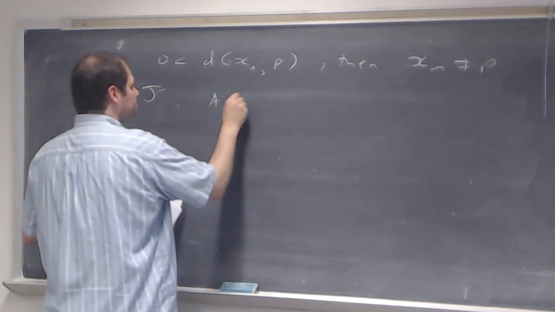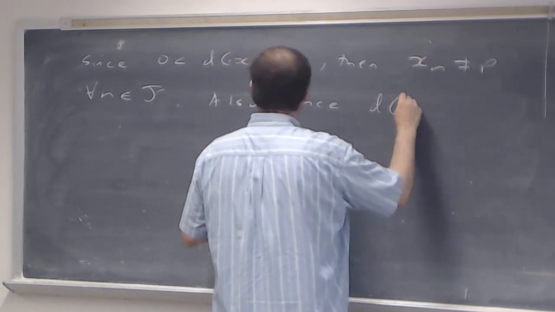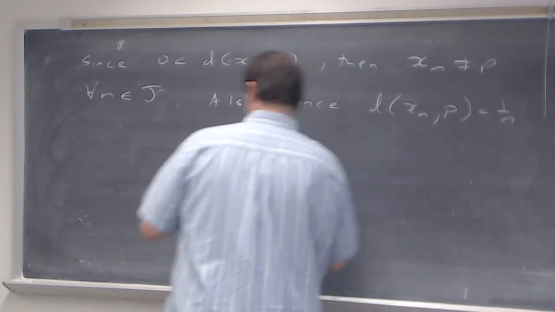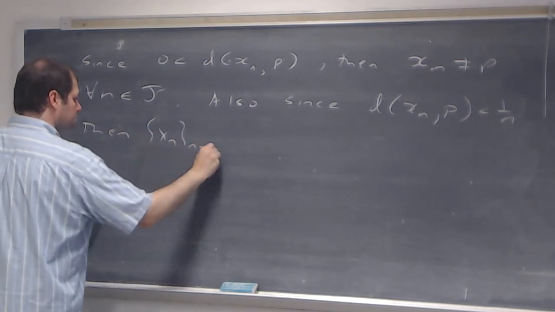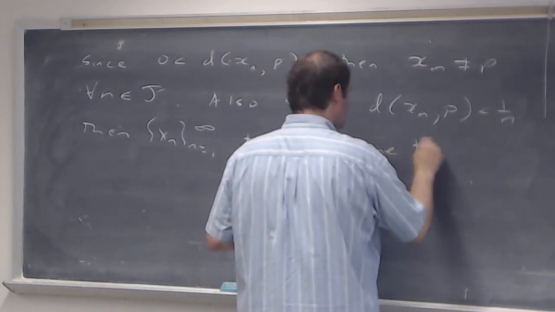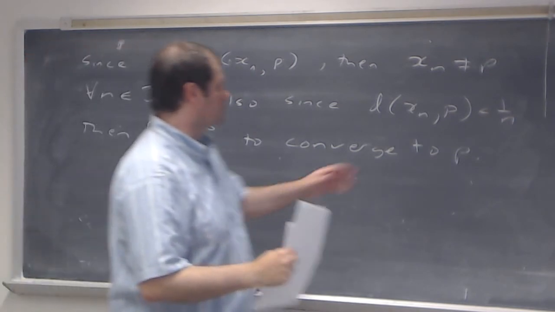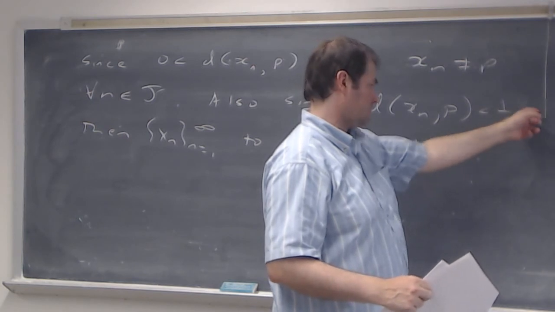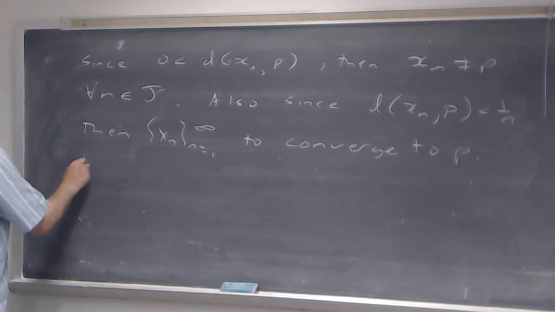Also, since the distance between x sub n and p is less than 1 over n, that will force the x sub n's to converge to p. They're getting closer and closer to p. I can make that happen because I can always choose an n so that 1 over n is less than any epsilon given to me.